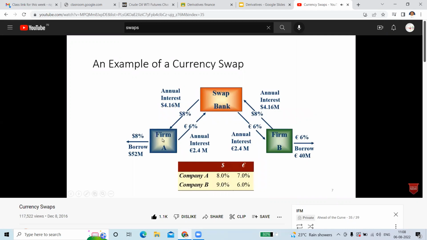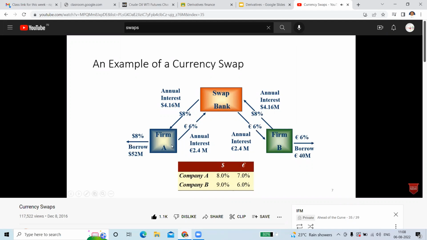Here's firm A. They borrow the $52 million in their local market where they're able to borrow at this 8% rate. Firm B is the French firm. It borrows 40 million euros at this 6% rate. Okay, so they're each borrowing where they borrow cheapest.